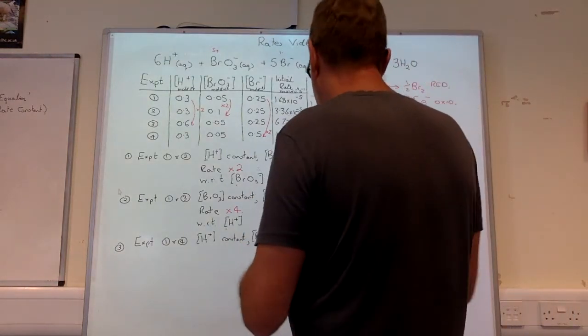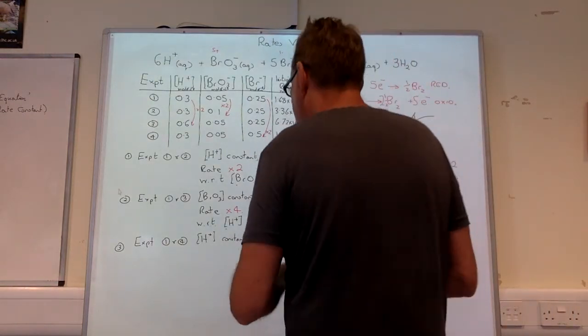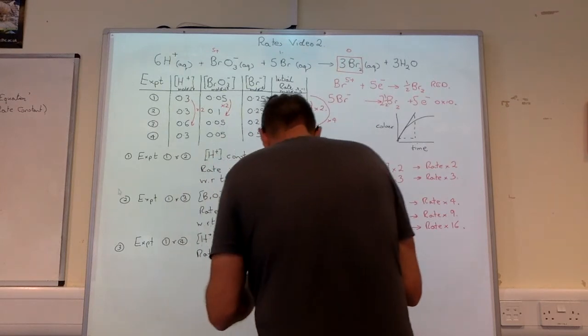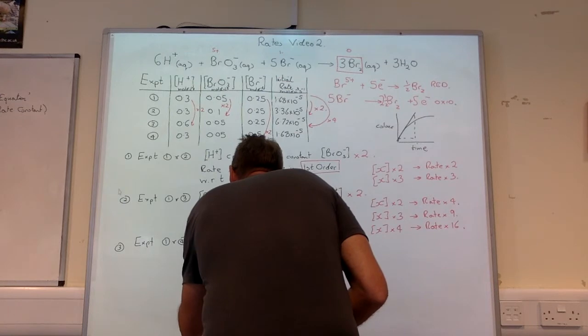So, basically, rate in experiment 1 and 4, unchanged, constant, unchanged. Okay?